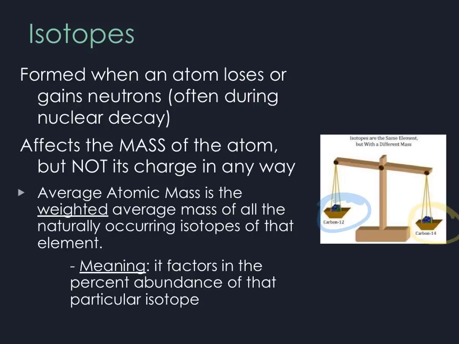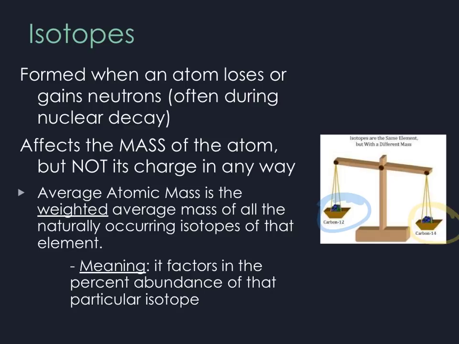We refer to mass either as mass number, when we're talking about one singular atom, protons plus neutrons, or we refer to the atoms of that element as a whole, as in all carbon atoms, and then we refer to the mass as the average atomic mass. That's because we need to take into account the masses of all those isotopes, the weighted average mass of all the naturally occurring isotopes of that element.